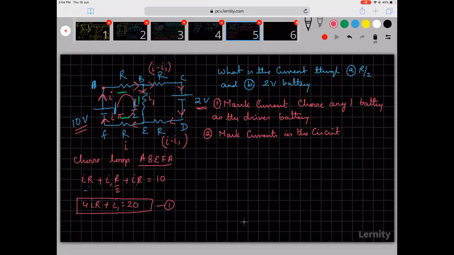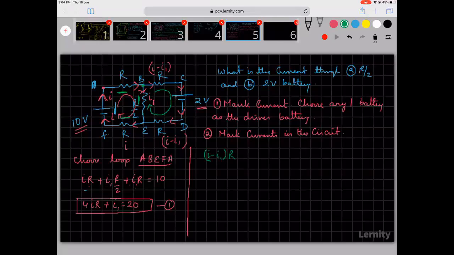Now I have to look at another loop. Any loop you can take, small loop, big loop. So I'll take this loop. I'll start with B and end with B. So if I start with B, I minus I1 into R, loss in potential.